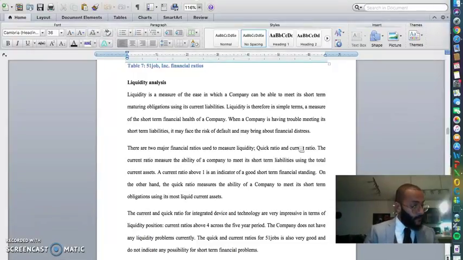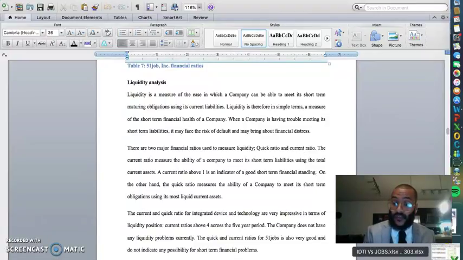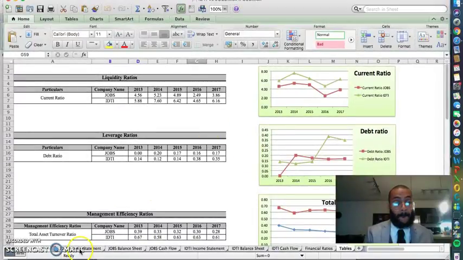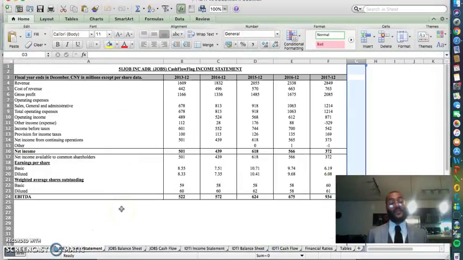All right, so I'm presenting the ratio calculation on Excel. As we can see here, this is the competitor's income statement, 51 Jobs. It shows the revenue, cost of revenue, net income, earnings per share, and weighted average throughout the 5 years, expanding from 2013 to 2017.